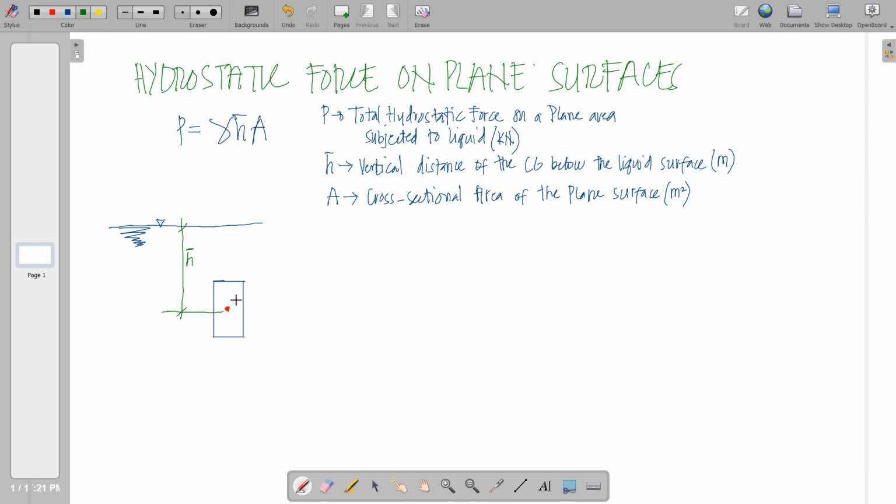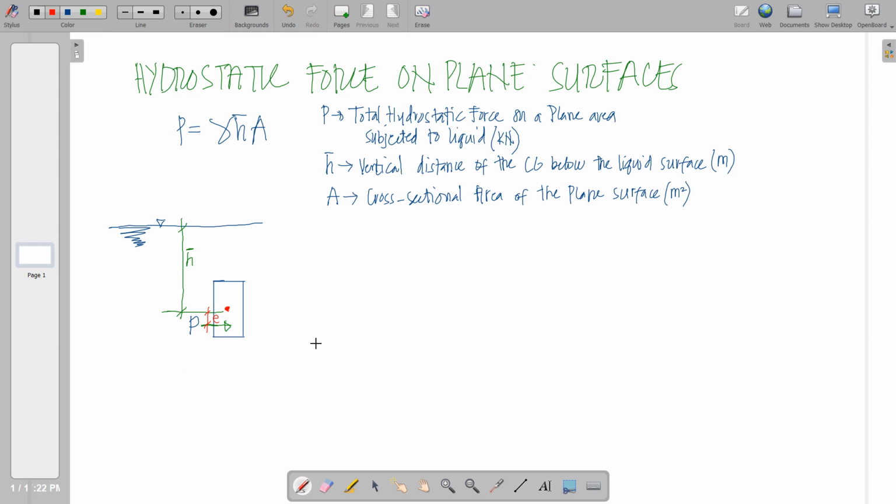And then below the center of gravity, there will be the hydrostatic force, which is denoted by our P.